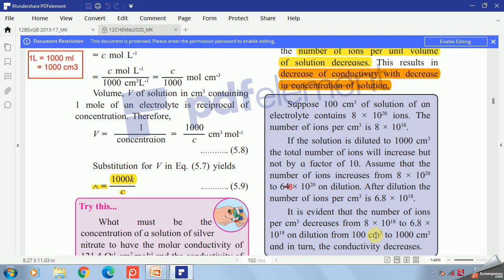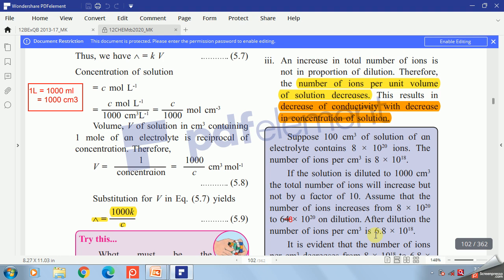But what is the experimental fact? There is a decrease in the number of ions per unit volume of solution, and this results in decrease of conductivity with decrease in concentration of solution, because on dilution concentration decreases.